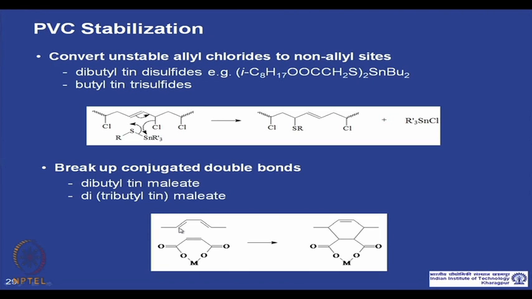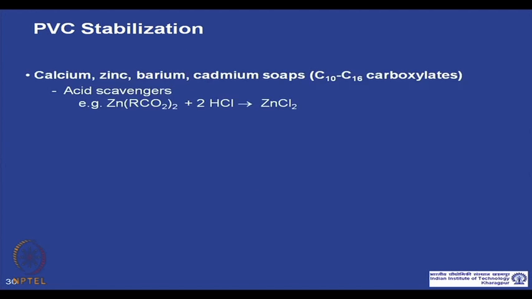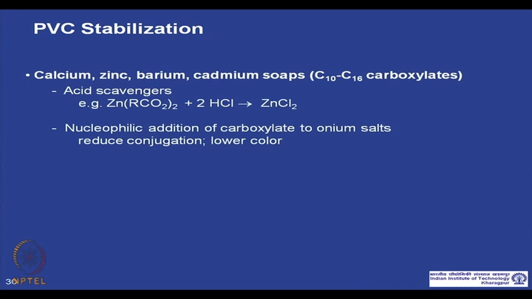And there are additives like dibutyl tin maleate which basically break up the conjugated double bond and prevent the degradation further. There are other additives used for PVC stabilization like soaps of cadmium, zinc, barium salts, and they act as an acid scavenger.